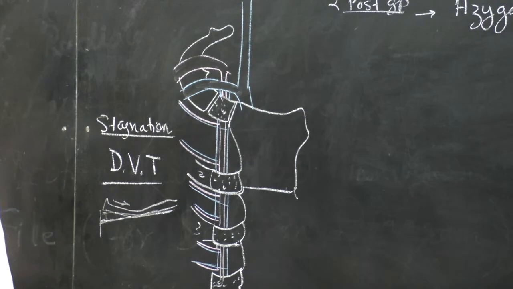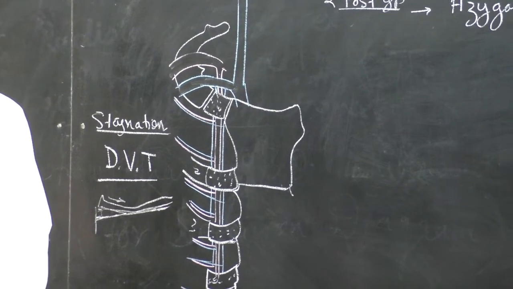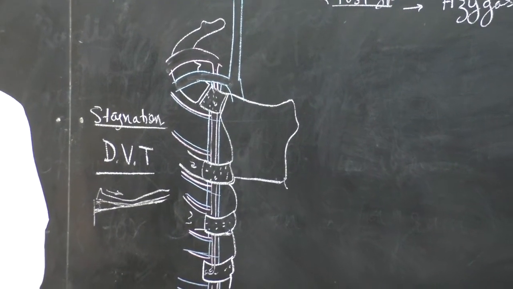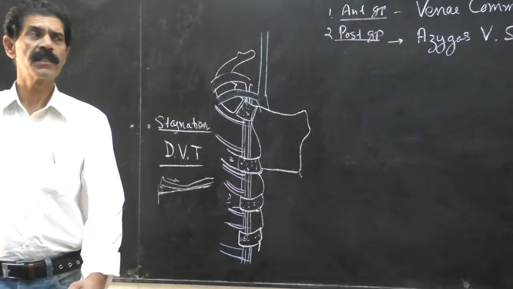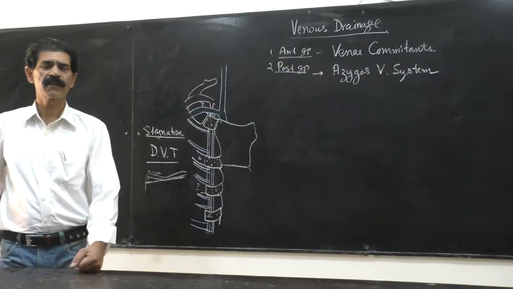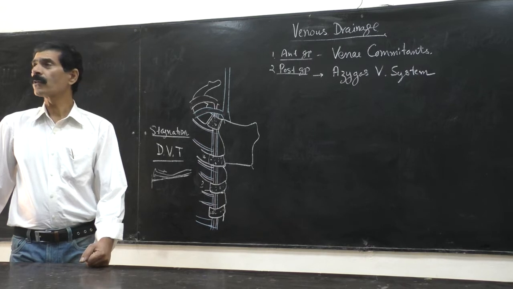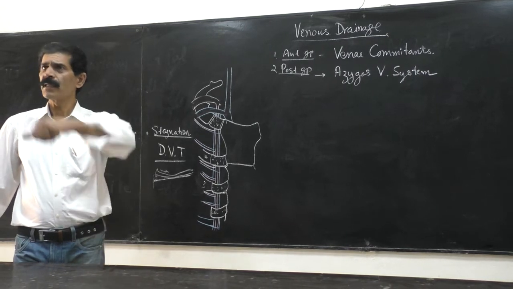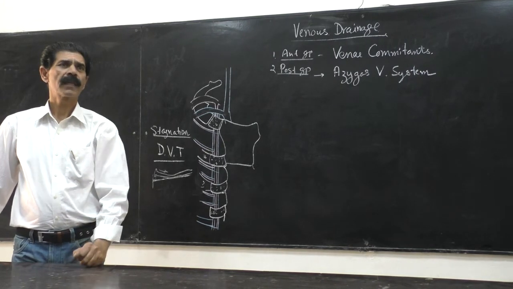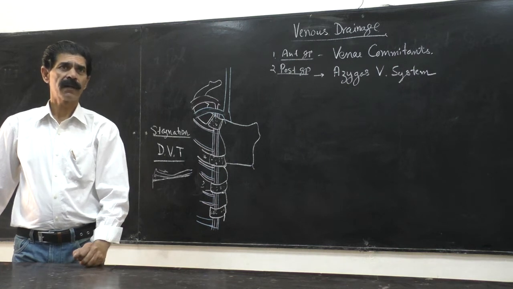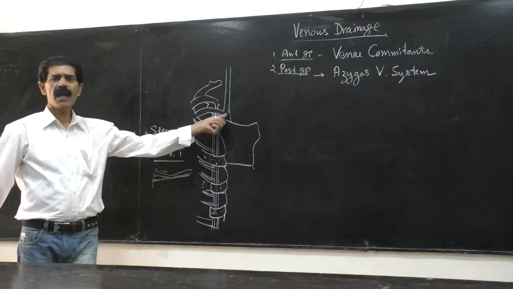Brachiocephalic, not cephalic. It's a wrong pronunciation. From plus 1, plus 2, you don't know. The teachers, they don't know what is cephalic and what is brachiocephalic. Cephalic means related to the head. Cephal, Greek word. So this forms the right brachiocephalic vein.